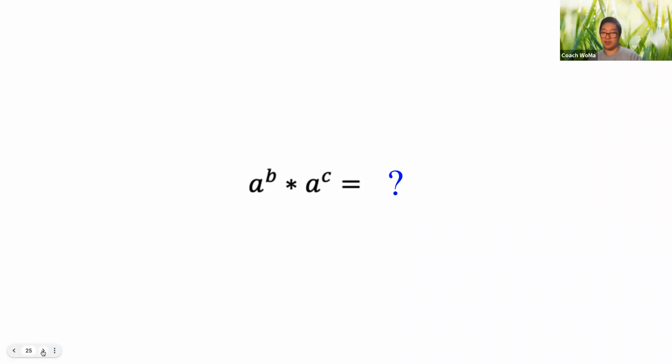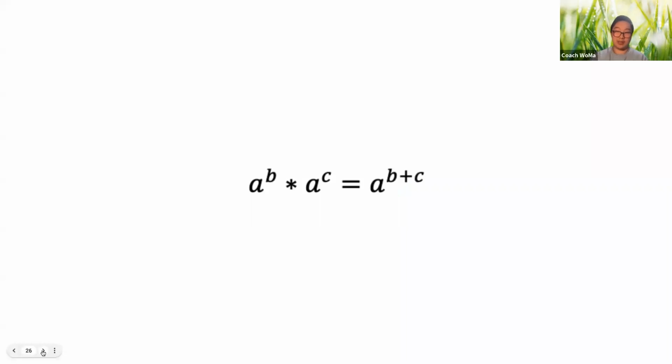And if you're having issues, think of a as like a number like 2, b as a number like 3, and then c as a number like 4. Okay, we can go to the next slide.